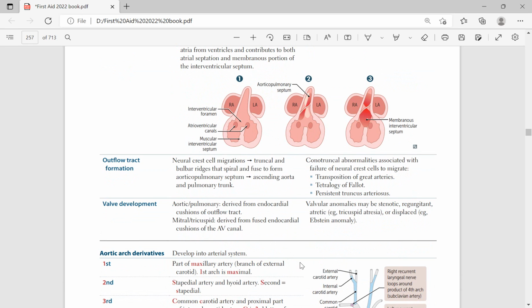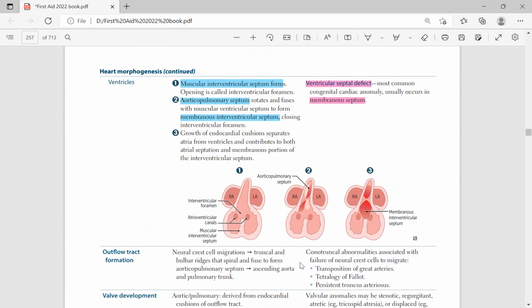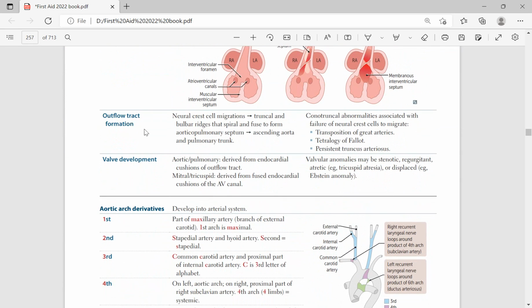Okay, let's go to outflow tract formation. Outflow tract means blood out from the heart. We know blood goes from the left ventricle to the aorta and from the right ventricle to the pulmonary trunk.